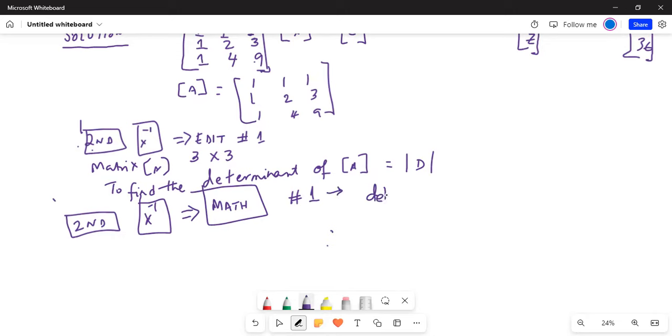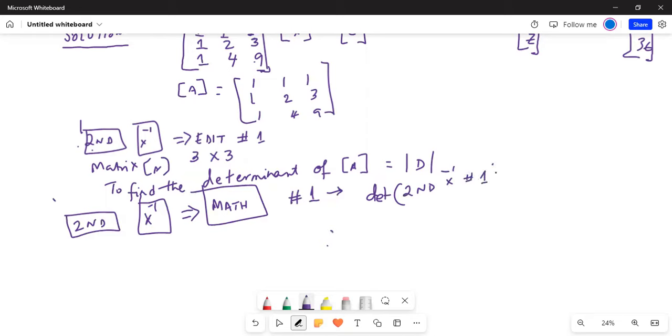Now you are going to press second, x minus 1 again, and number 1, inside the det parenthesis.